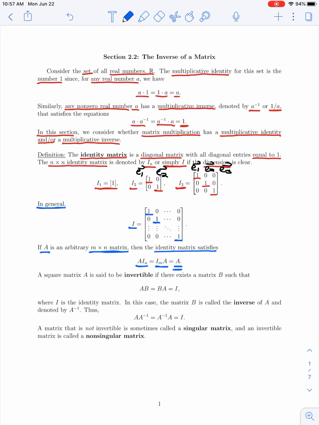Any matrix times that identity matrix gives us back the matrix A.